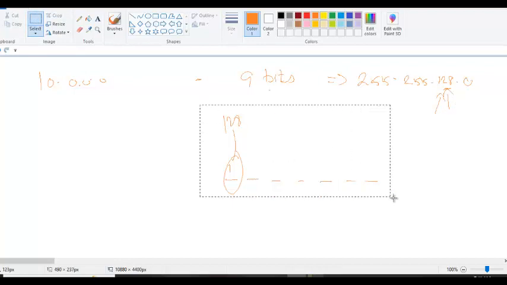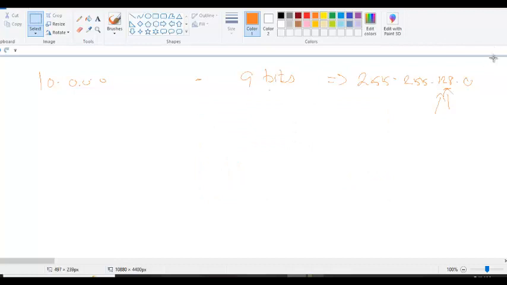So if someone gives you bits, this is how we decide. Now look at this. This is a little bit challenging. You have borrowed 3 bits, you have borrowed 2 bits. When you borrow 3 bits, 7 subnets. When you borrow 2 bits, how many subnets? 3 subnets.